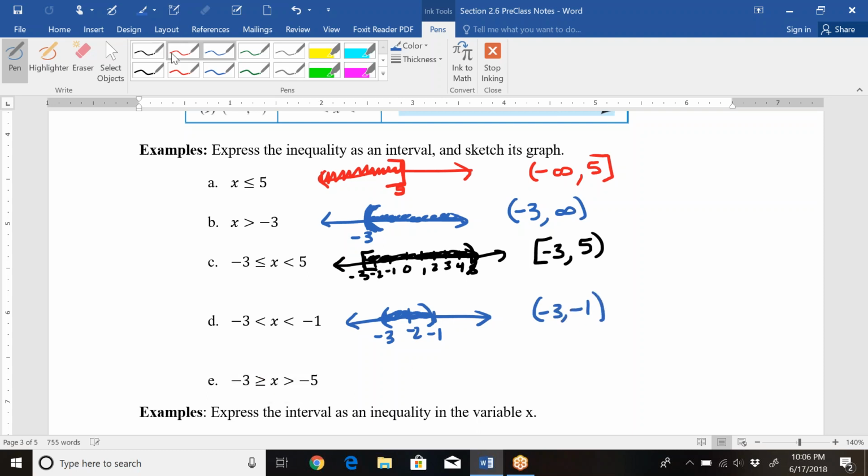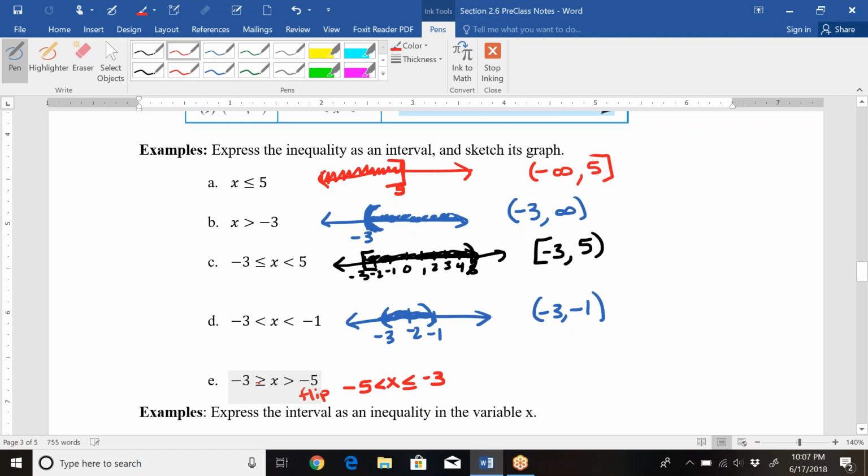And then this last one is kind of a trick question because this is not written in increasing order. You always want this to be smaller than the number over here. So that means we need to flip this whole thing because negative 5 is actually smaller than negative 3. So negative 5 is less than x, which is less than or equal to negative 3.